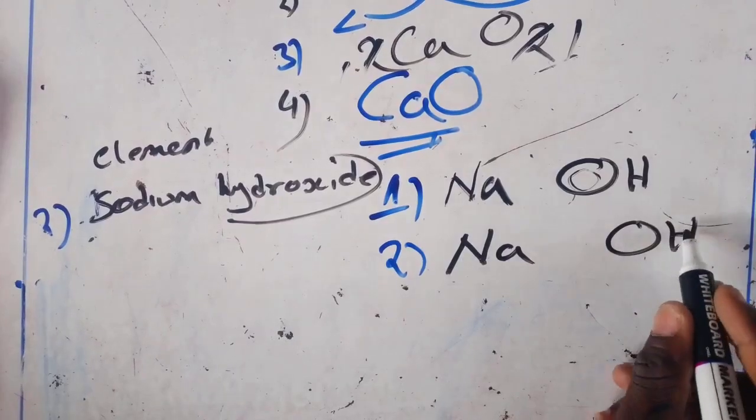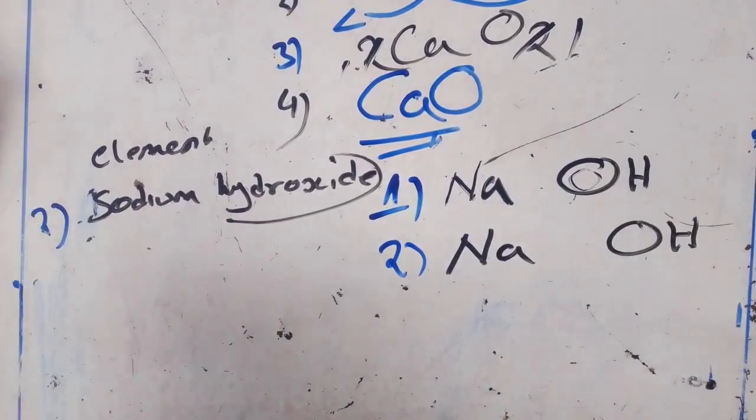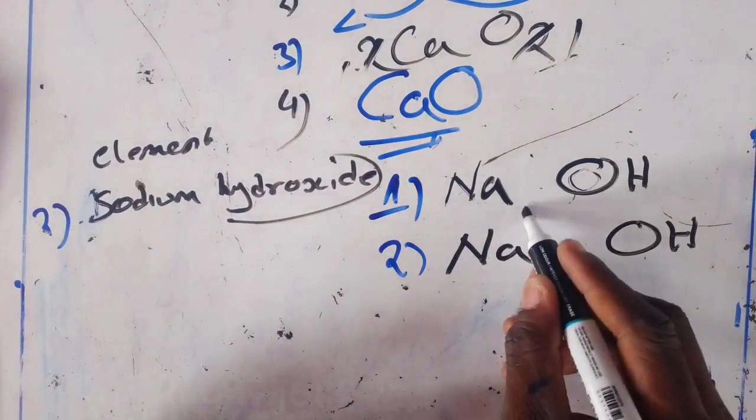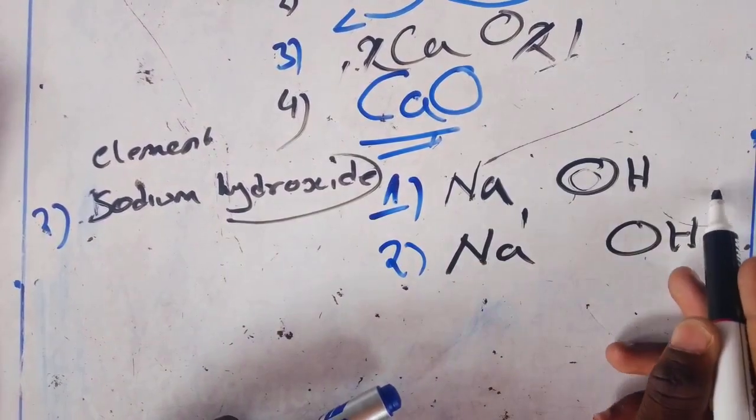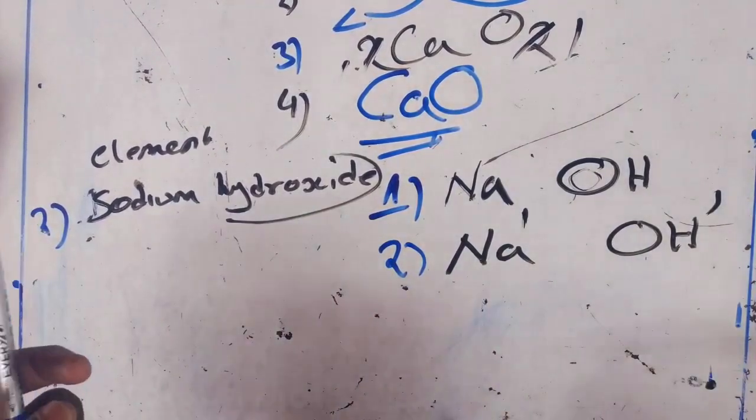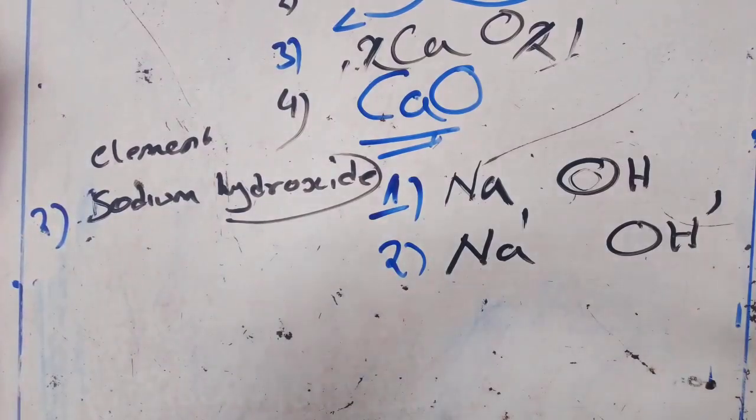So remember here we're writing the valences of these combining elements or radicals. So sodium has a valence of 1, and hydroxide also has a valence of 1. So having written like this, we're now going to do step 3, which says you swap the valences, and when you're dealing with a radical, remember the radicals are put inside the brackets, and then the valence will be outside the brackets.